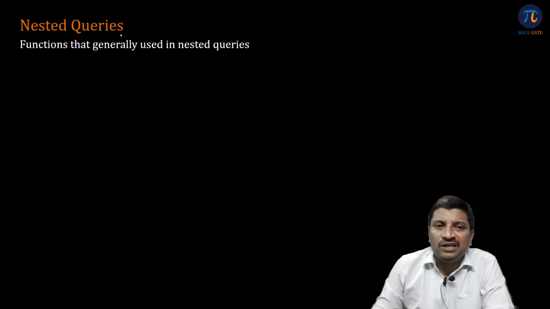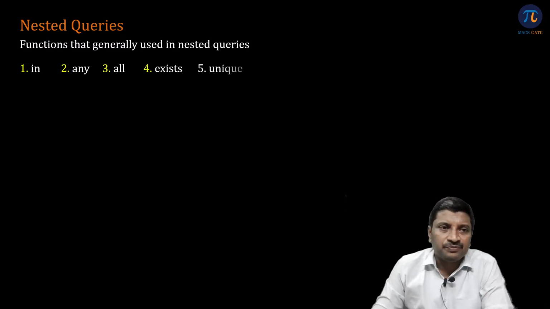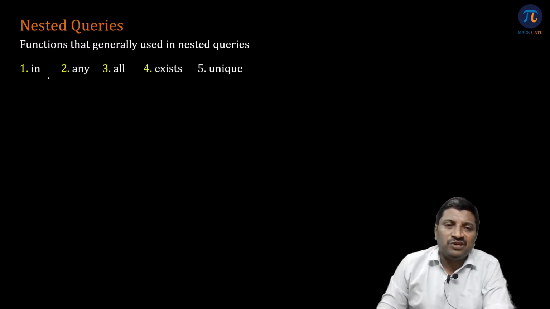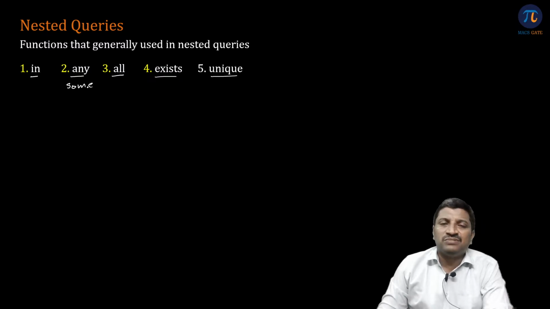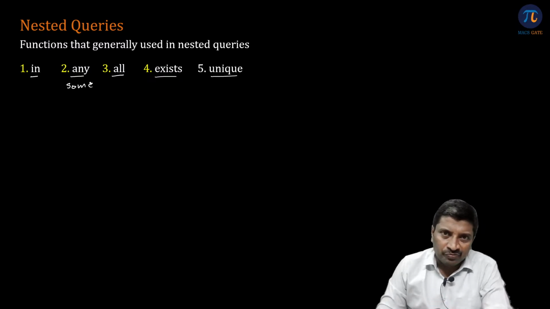Functions that are generally used in nested queries. These are the five keywords: in, any and all, exists, unique. Depending on the software you are using, instead of any, some people might write some also, but the intention is the same.